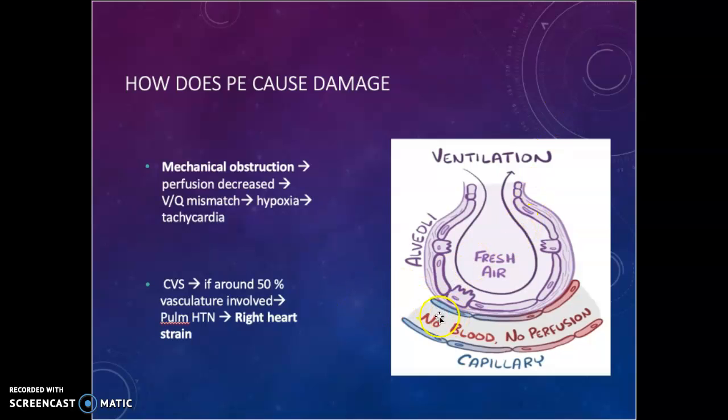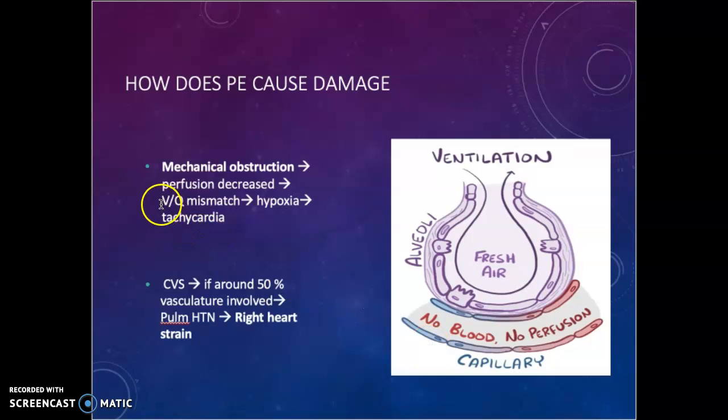So how does a pulmonary embolism cause damage? It travels towards the pulmonary circuit and thereby causes no blood to flow, thereby causing no perfusion. So you have ventilation coming in to the alveoli, that is, you're breathing in and air is coming in, but you don't have any blood over here in the pulmonary circuit to match this. So you have 100% ventilation, that is, nothing is wrong with the breathing, but you don't have any blood to get oxygenated.